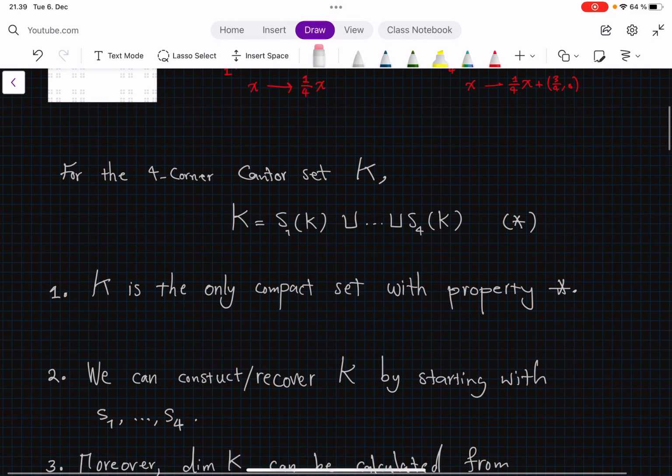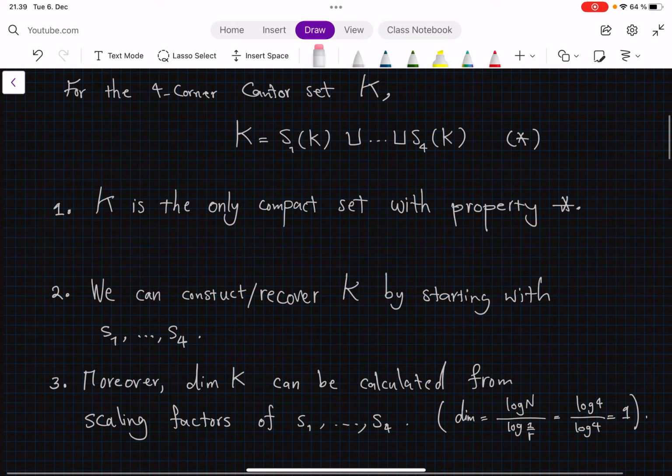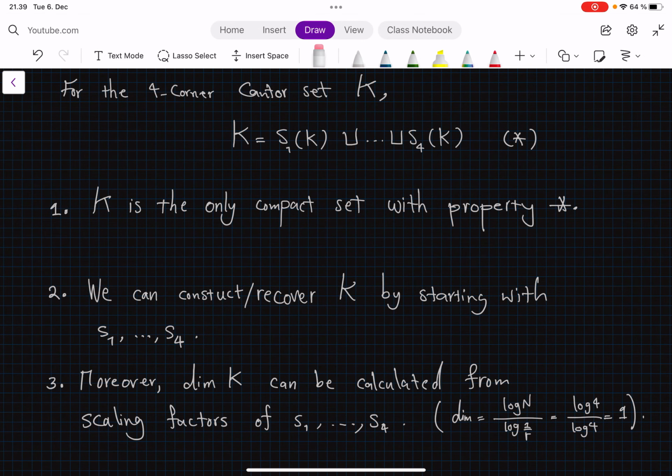So the general theme is that, not just for these particular maps S1 to S4 that we had, if you have any number of maps, you will have a unique compact set which satisfies this condition, which we say is invariant under these maps.